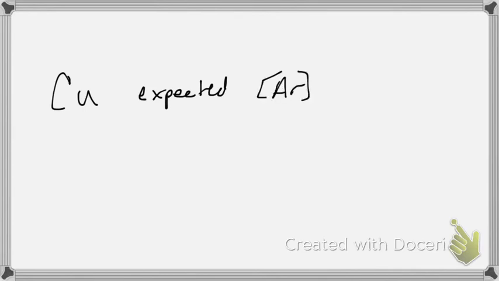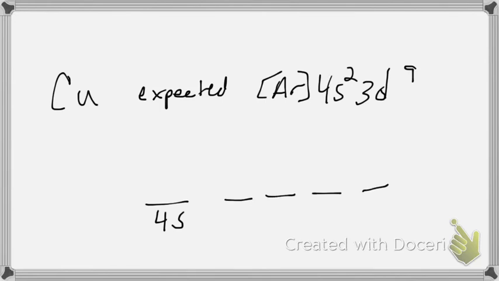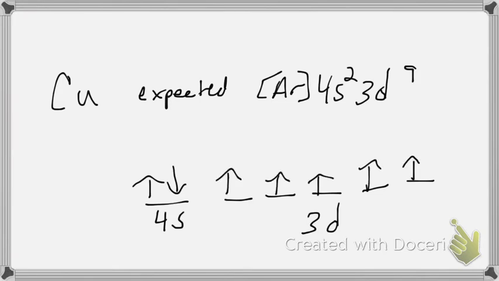Let's do copper, Cu. If we look at our expected, it would be argon, 4s2, 3d9. If I draw that out, 4s, 3d, it would be up, down, up, up, up, up, up, down, down, down.